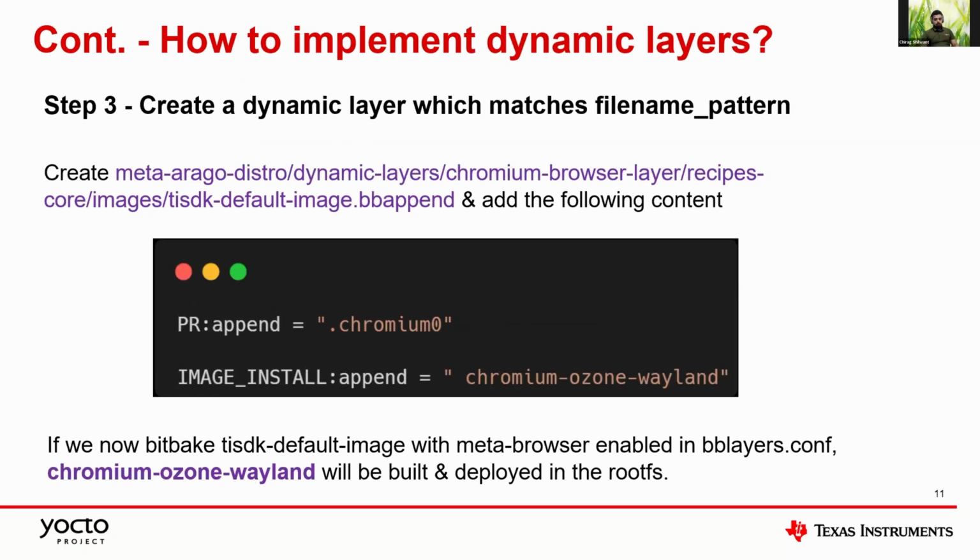So in my image bbappend file, I will just include that, and that's it. If I now bitbake the TI SDK default image with meta-browser enabled in bblayers.conf, the Chromium ozone variant will be built and deployed in my rootfs. So it was that simple.